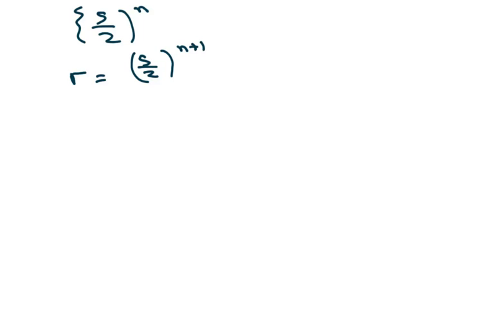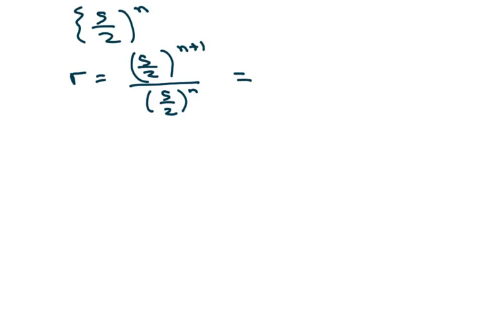Okay, my next sequence is 5 over 2 to the n. It is geometric, so we can just go ahead and write this to find r. 5 over 2 to the n plus 1 over 5 over 2 to the n.